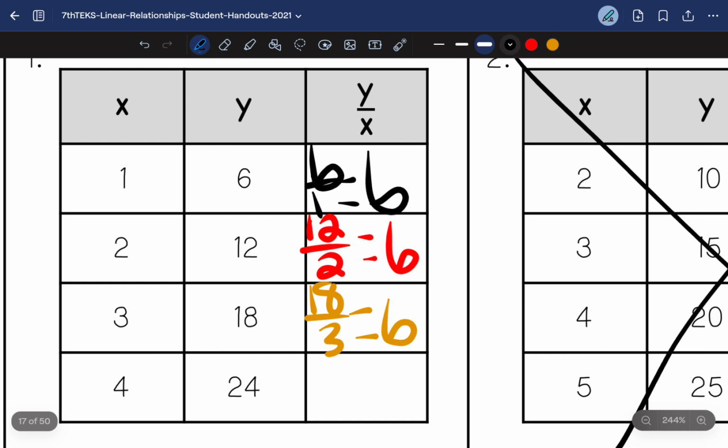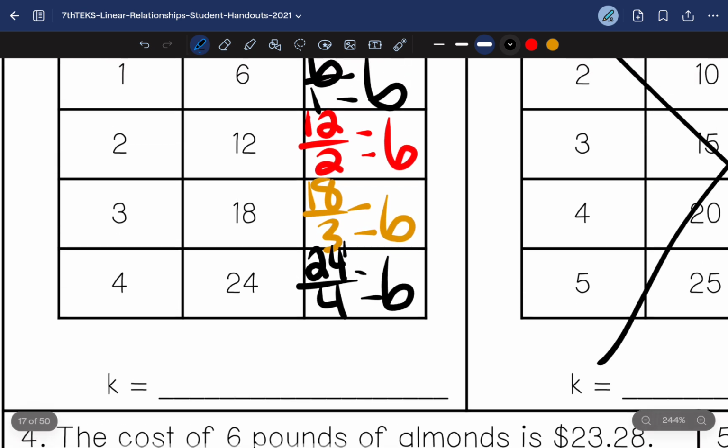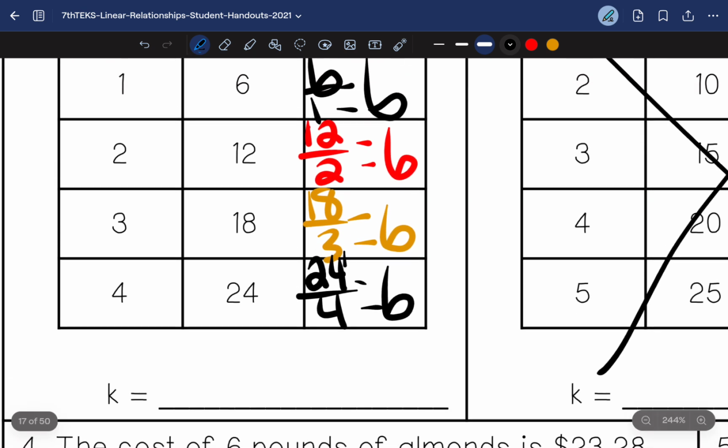And then this last one, the ordered pair is 4 and 24, but we have to write it as y over x, or 24 over 4, which again simplifies to 6. So it is safe to say that this relationship is proportional, because when you do the ratio of y over x, it simplifies to 6 and it equals 6.